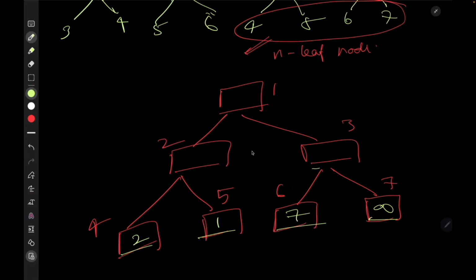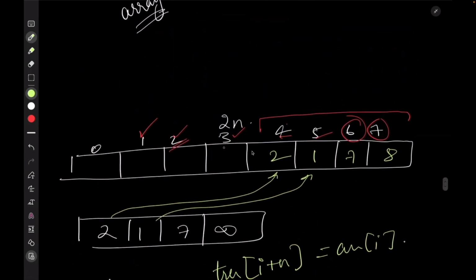Now we'll traverse from the lower nodes and eventually go up till the root node to find their values. The value of these nodes will be the minimum among both children of these nodes. So the value of 3 will be the minimum of the values at indices 6 and 7. This is infinity, so that will be 7.